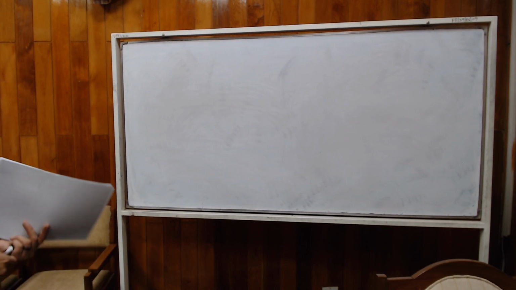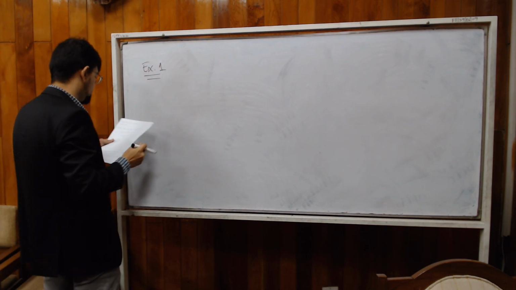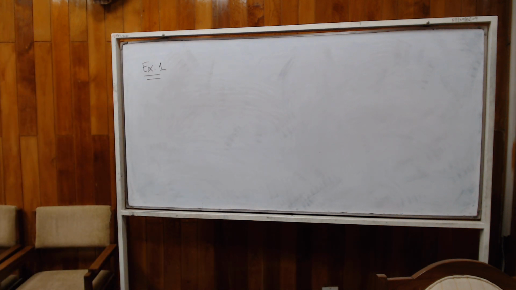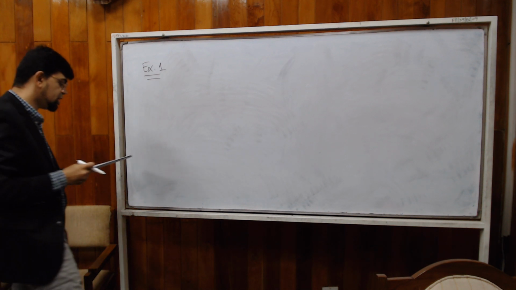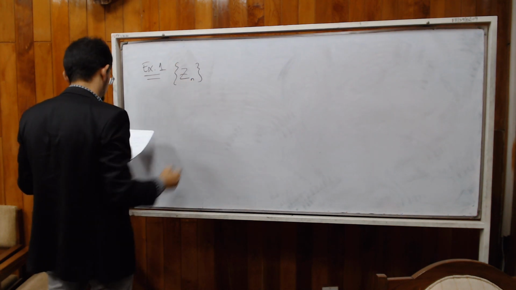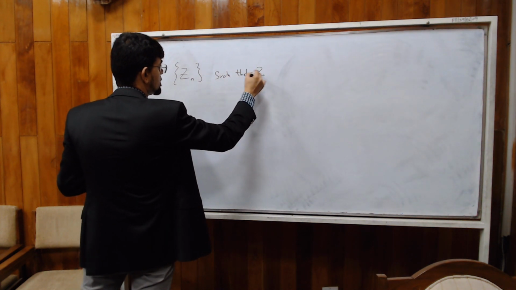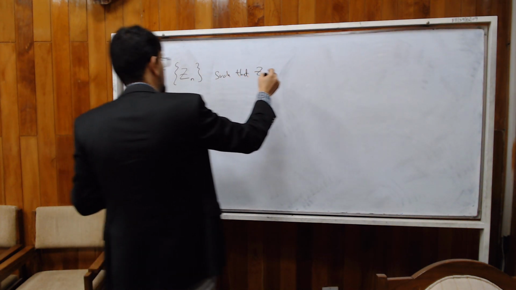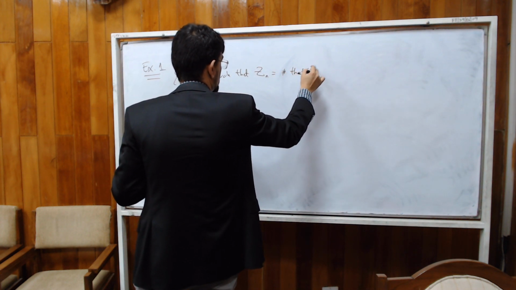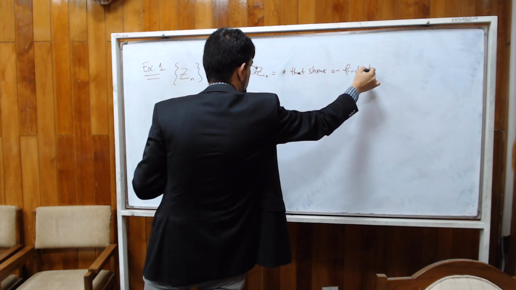But let's see. I'll do example 1, which will give us an idea of what is going on. Let's say you throw a single die, and define a random process Zn such that Zn is the number that shows on the first throw.